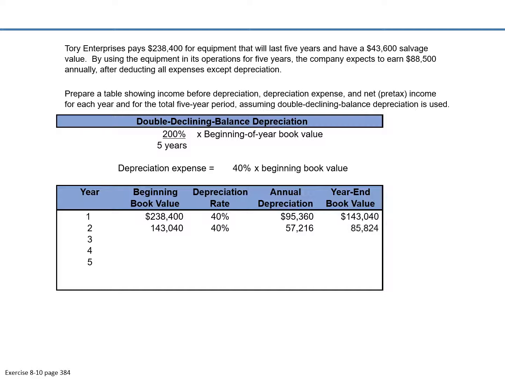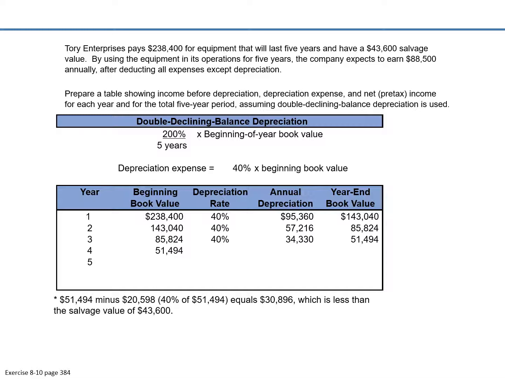It's $57,216. $143,040 minus $57,216 is $85,824. $85,824 becomes your beginning book value times 40%. Annual depreciation of $34,330 and a net book value of $51,494.